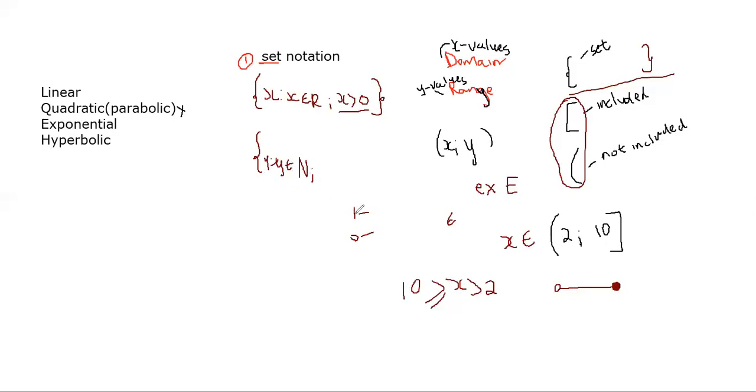Since we know that natural numbers start from 1 going all the way to infinity, we have to be specific. Which natural numbers? Then they can write something like this to say that y is greater than 3, but less than or equal to 5.